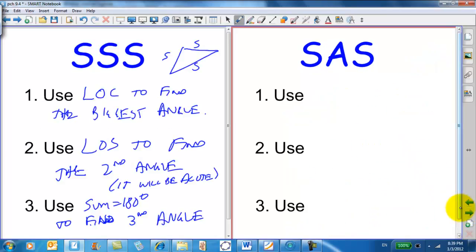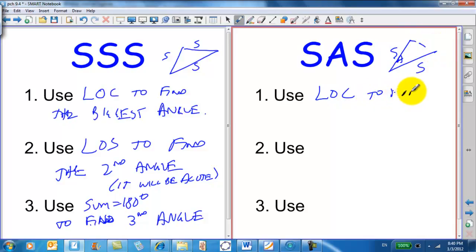Now, in side angle side, it's the same tools, but used to find different things. We use the law of cosines, because now we've got the angle between two sides. So you can use the law of cosines to find this third side. Now we can use the law of sines again.